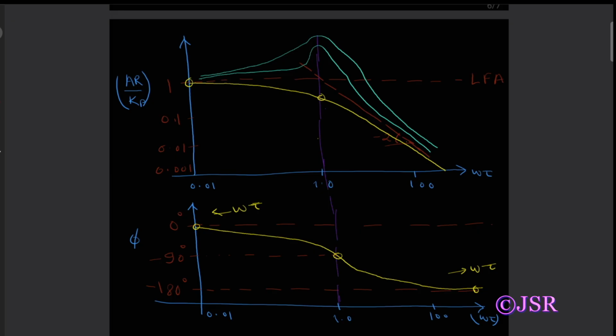So this is when, let's say, zeta is less than 1, and this is for zeta equal to 0.2, and this is for zeta greater than 1, zeta equal to 2.